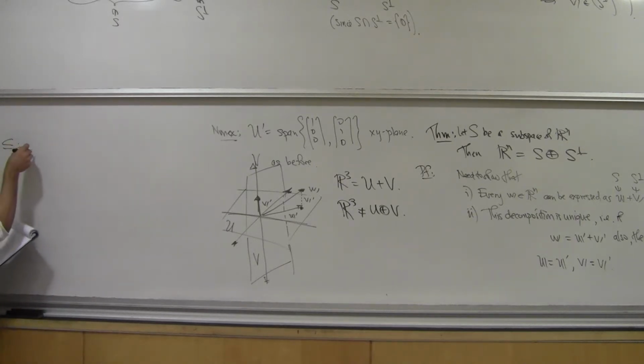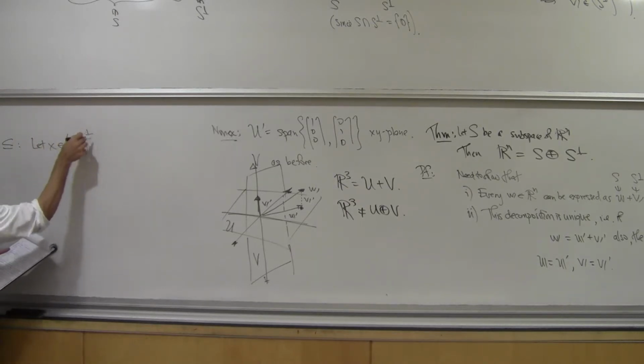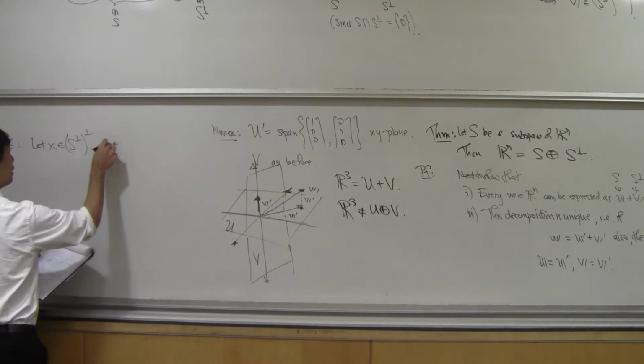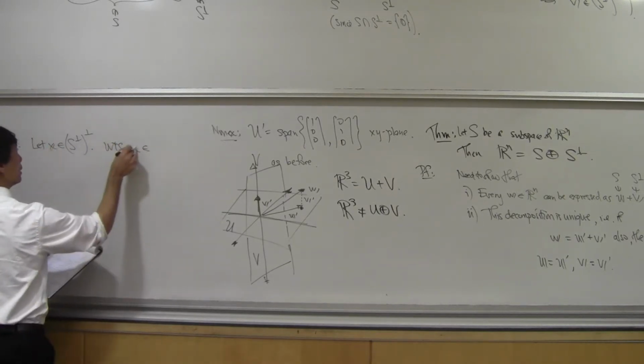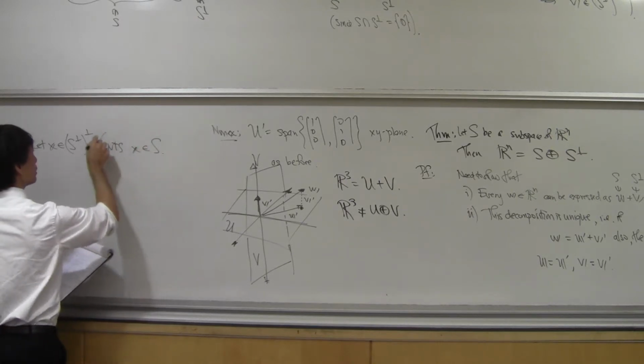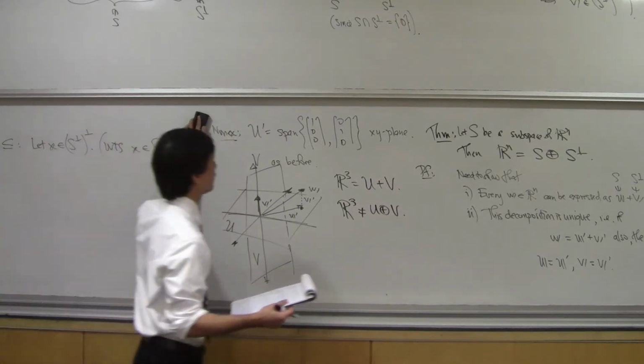So let X be in S perp perp. We want to show that X must then be in S. We're trying to show now that the left side is included in the right side. Last time we showed that the right side is included in the left.